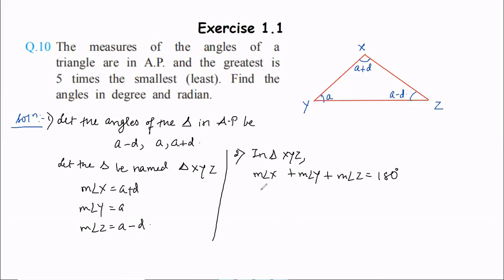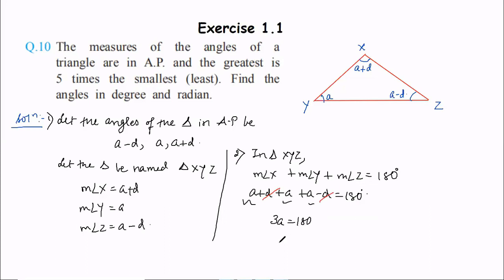Now a minus d plus a plus a plus d will give you 180. I have substituted the values which we assumed in case of AP. Now few things are getting cancelled. As we can see, plus d and minus d get cancelled. We are left with only a's, so we will add them. So we will have 3a is equal to 180 degrees.